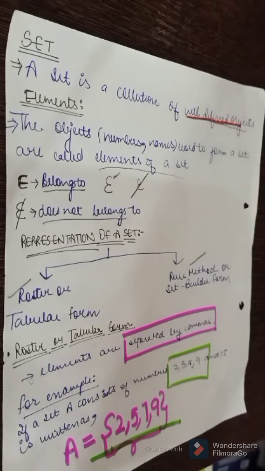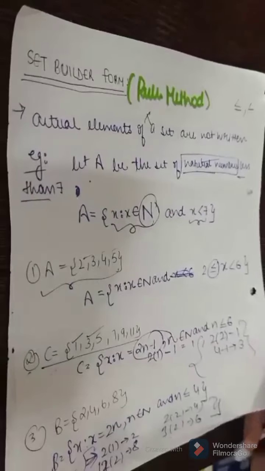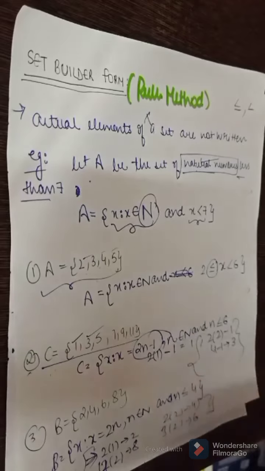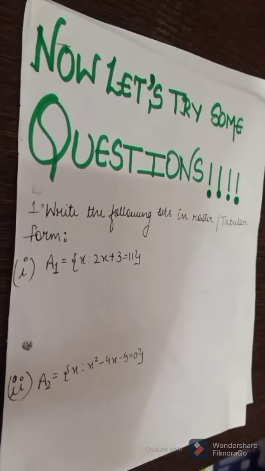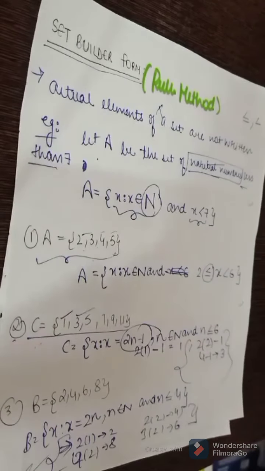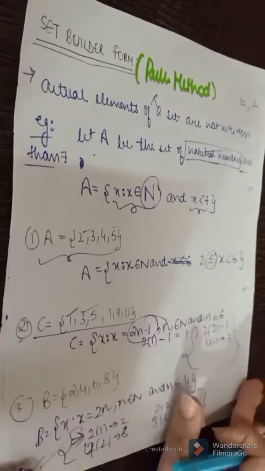Now, as I explained with certain examples, you can see these examples. But now what I'm planning to do is try some questions. But before we try these questions, let's revisit what we studied in our previous video, right?